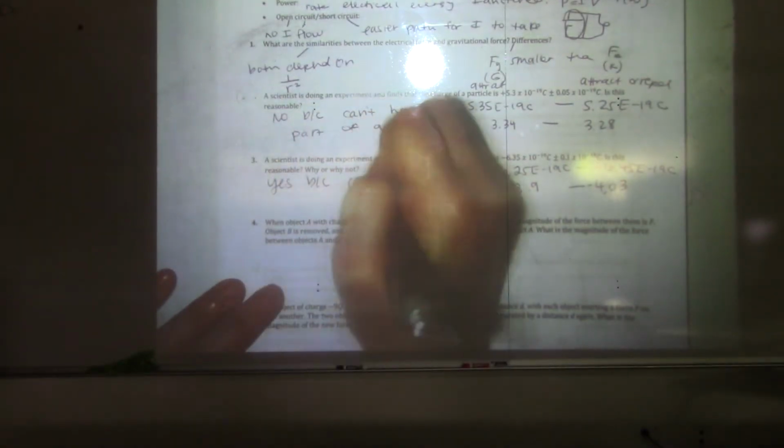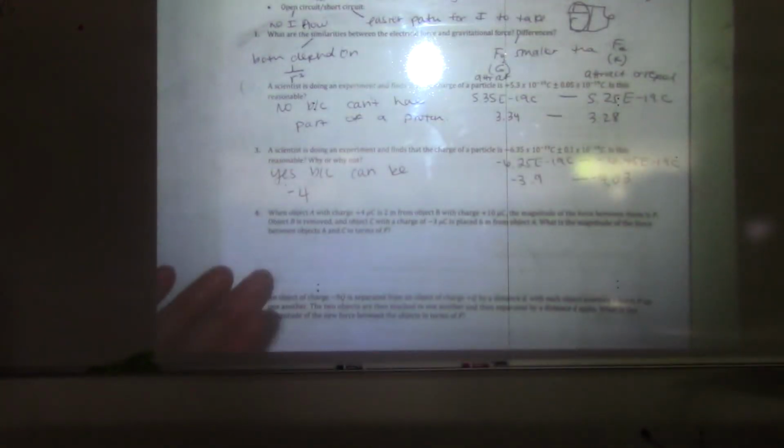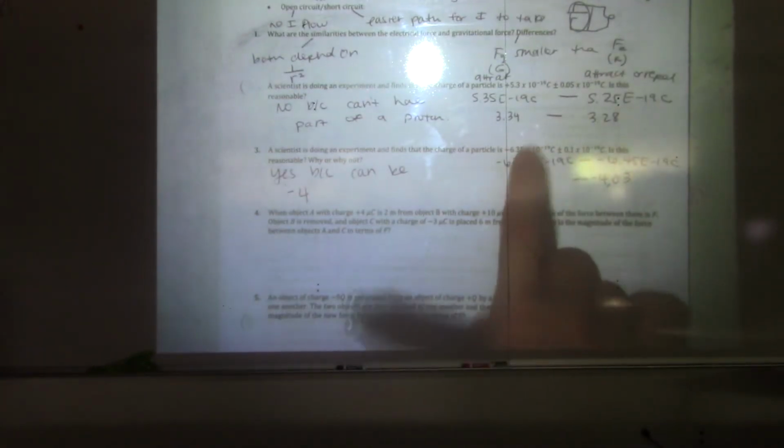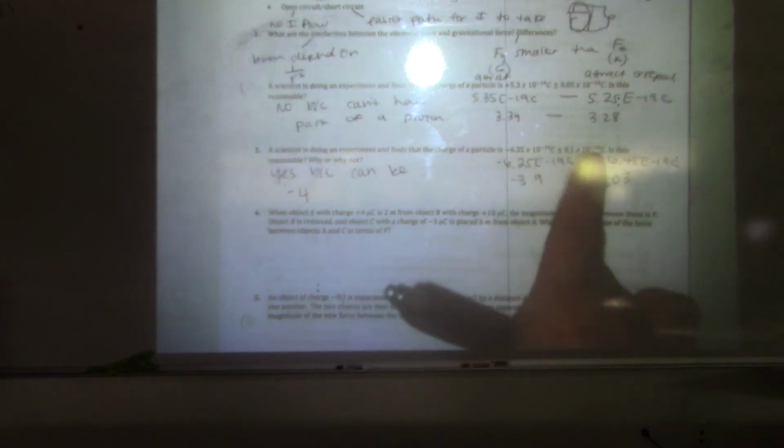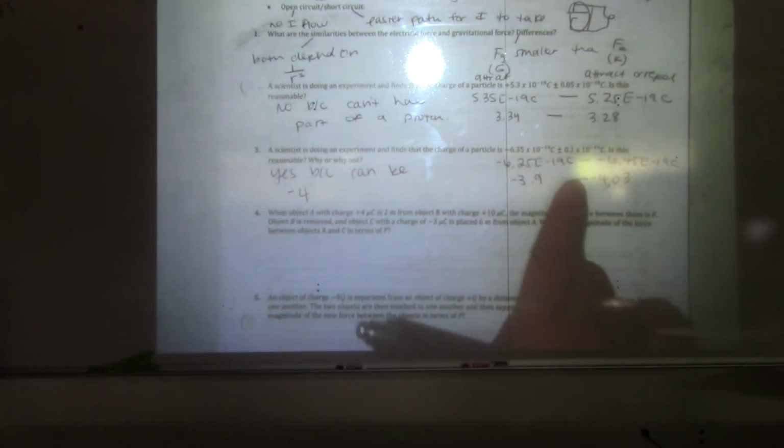So yes, because it can be negative 4 electrons, which is totally fine. Of course, if I get this, that's not exactly negative 4, but with an experiment, there's some error. So that means I was really close, but within some error, that means I just had 4. Here, that's not within my error, so I did something wrong.